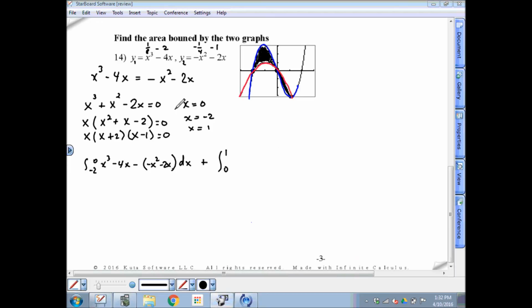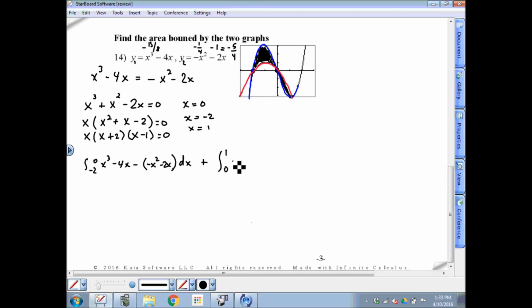So this right here is negative 5/4. The other simplifies to negative 15/8. This one's more negative, so this one has a higher value.